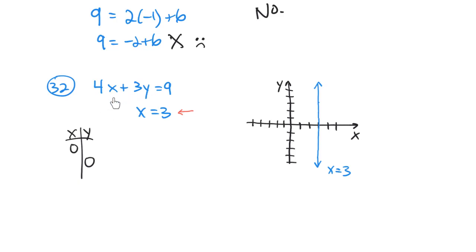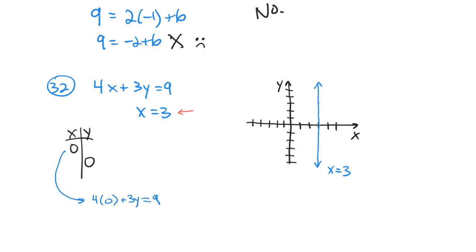So when we come up here, we let x be 0 and see what y is. To find this one, we let x be 0. So if we do that, we would get 4 times 0 plus 3y equals 9.